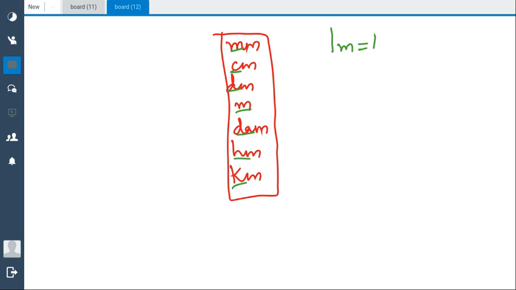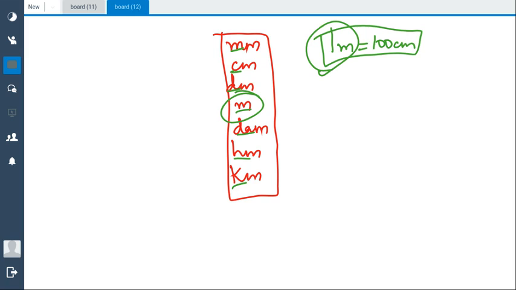We all know that 1 meter is equal to 100 centimeters. How did you get this? See, which is the bigger unit? Meter is the bigger unit. Where is meter? Over here. Where is centimeter? Over here. So you need to convert meter to centimeter.